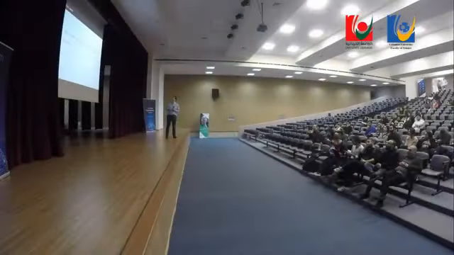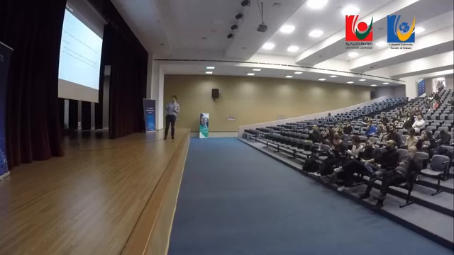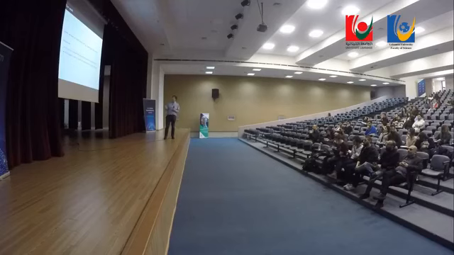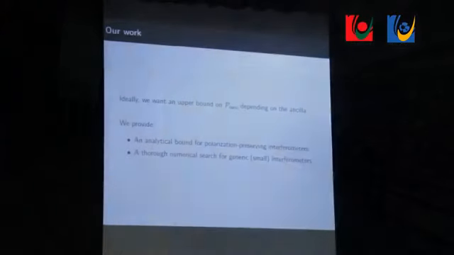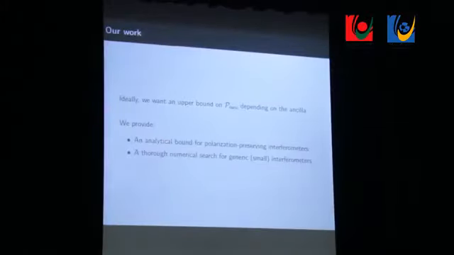So first, for this research of an upper bound of the probability of success, or lower bound of the probability of failure, we have found two ways. An analytical bound, which I think is really nice, but I'm not objective, to bound the probability of success, but just for polarization preserving interferometers.